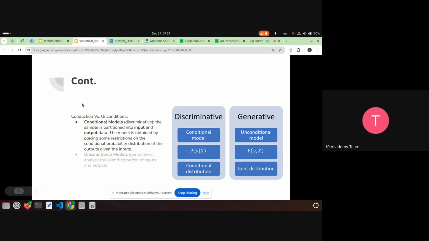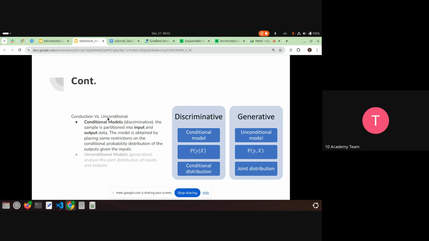Conditional models can include several kinds of models. We're basically getting into the machine learning algorithms that arise here. Before this was just theoretical.